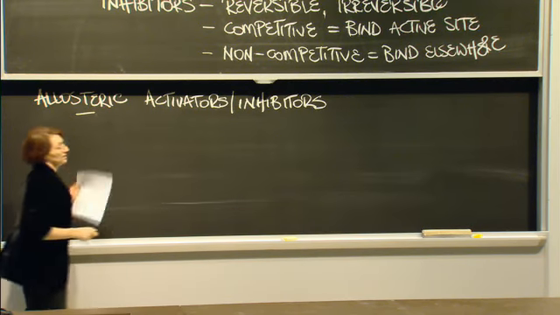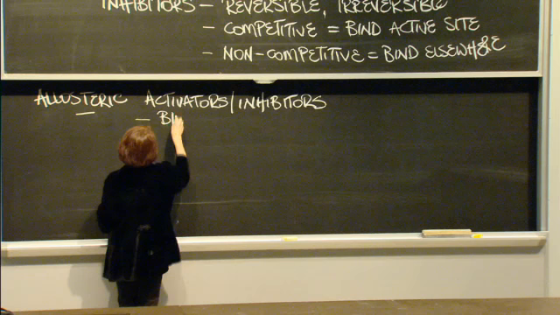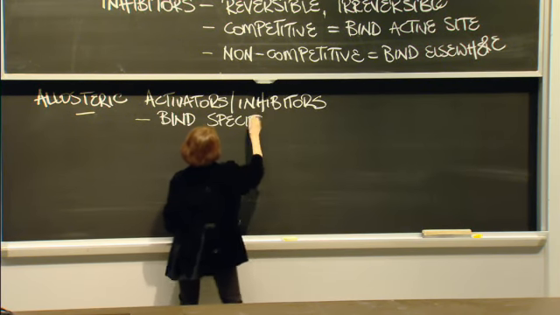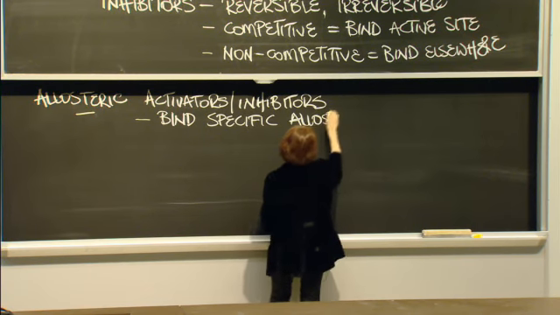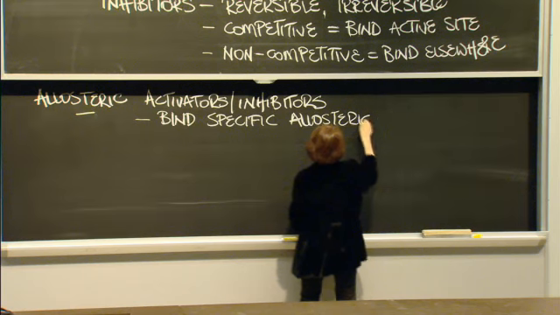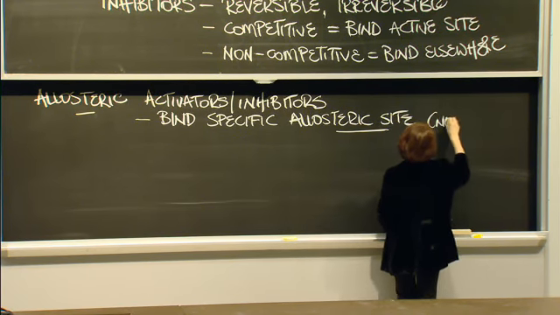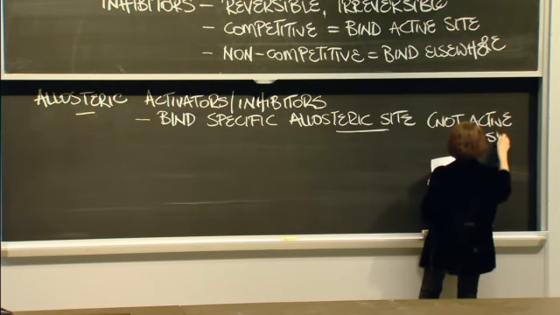And these allosteric activators or inhibitors will bind to a particular site that's not the active site. It's called an allosteric site, not the active site, but another particular place on the enzyme.